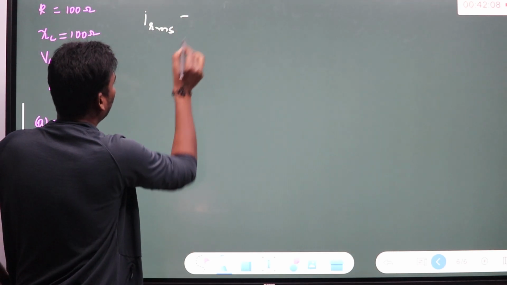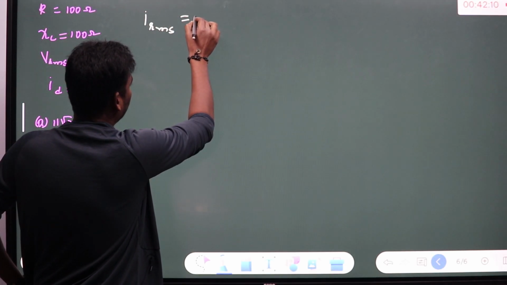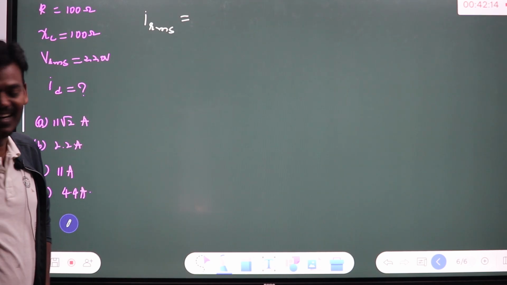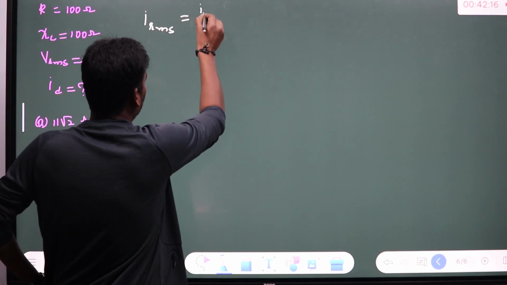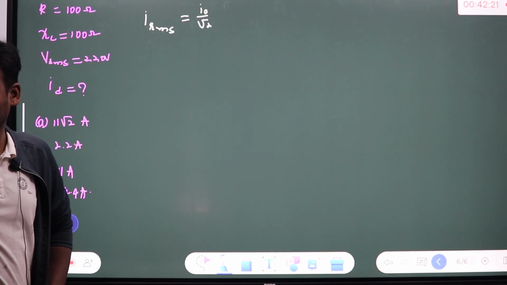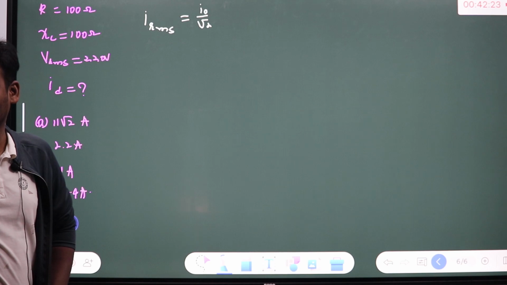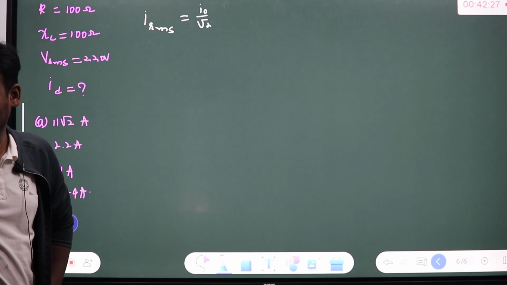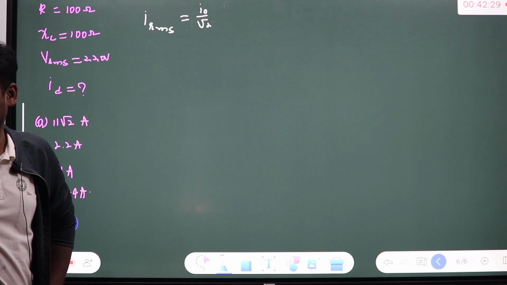IRMS is equal to I naught divided by root 2, no? What about I naught? Peak value. Okay, how do you calculate the peak value?